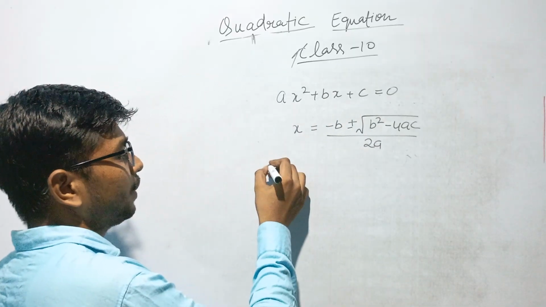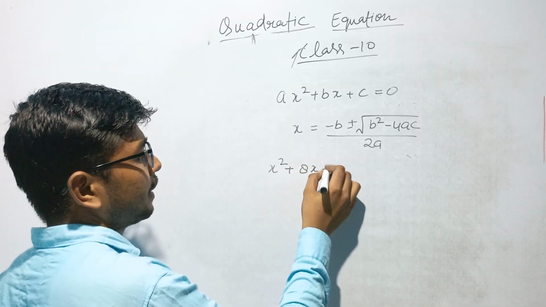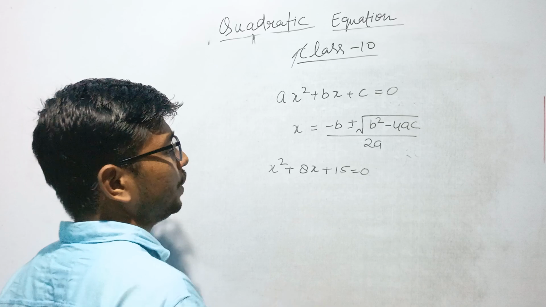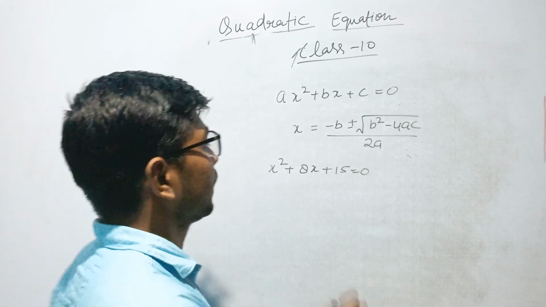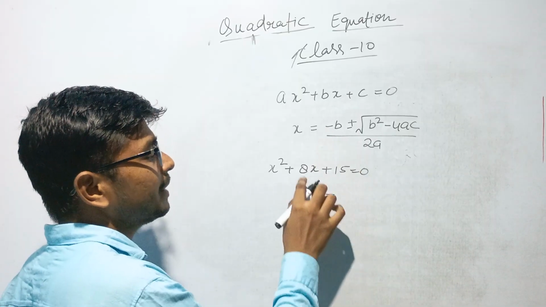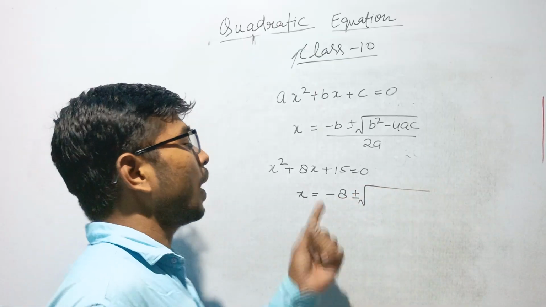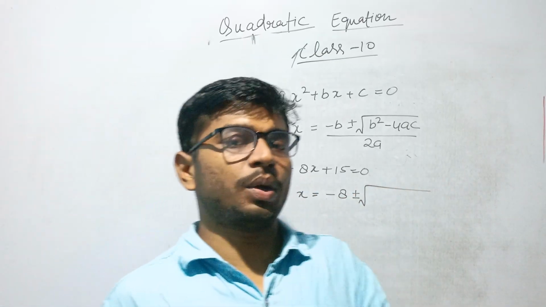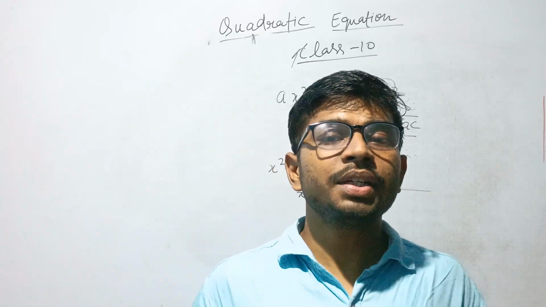Okay, in the starting we took a question, x square plus 8x plus 15 is equal to 0, right? So let's try to solve it this way. x is equal to minus b, b is 8, so minus 8 plus minus under root b square, b means 8, so 8 into 8 will be 64.